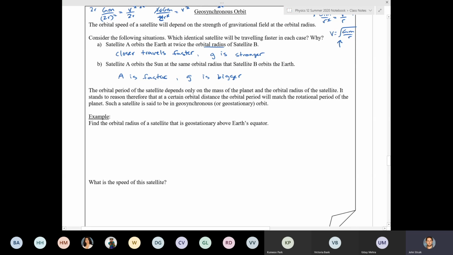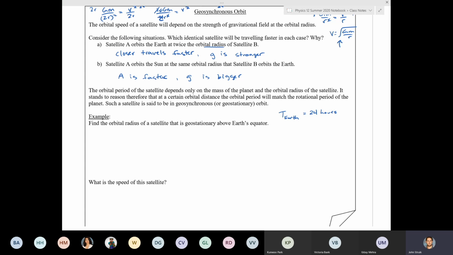So let's find the orbital radius of a satellite that is geostationary above Earth's equator. In order to do that, we need the period of the Earth. How long does it take the Earth to do one complete cycle? The answer is 24 hours, which doesn't help us because we need that in seconds.